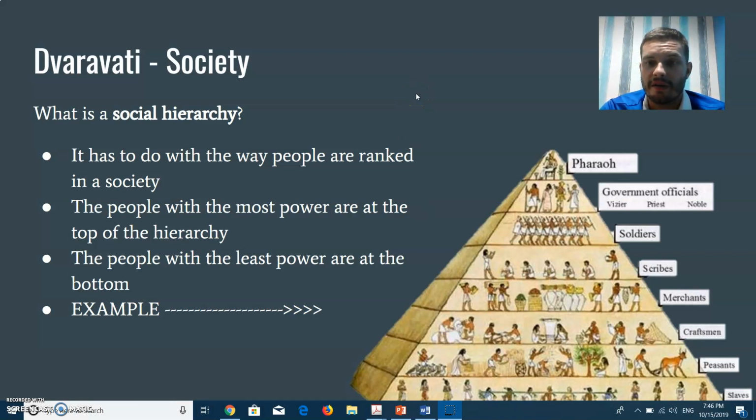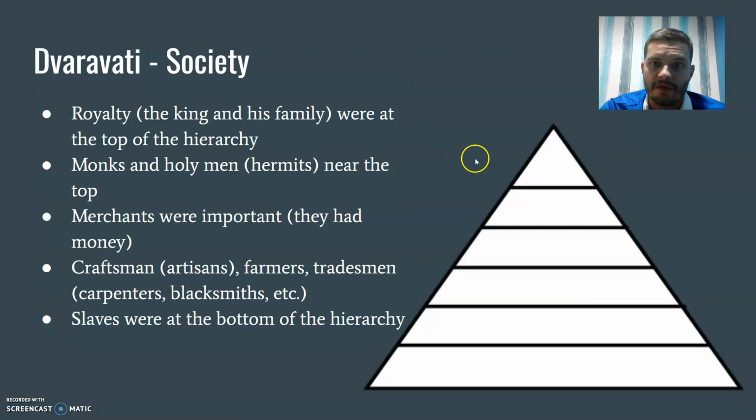Now, let's talk about this in terms of the Dvaravati society specifically. So, at the top of this triangle or pyramid, which would represent the Dvaravati society, we would have, much like the Egyptian example, the king, or one of a number of kings, I suppose, and the royal family as well.